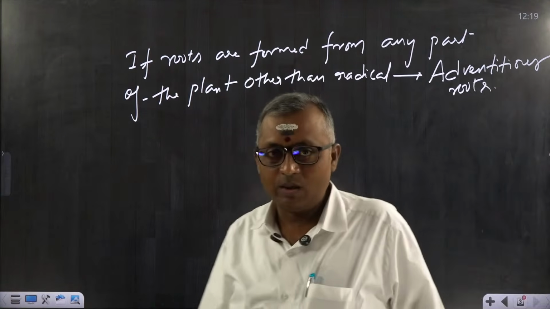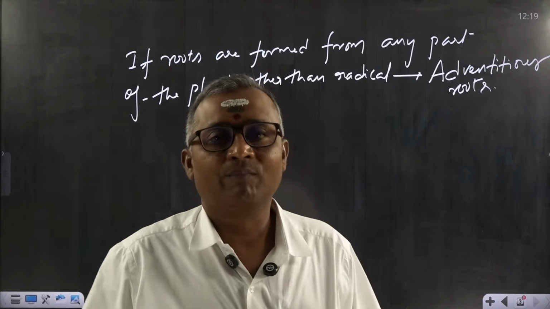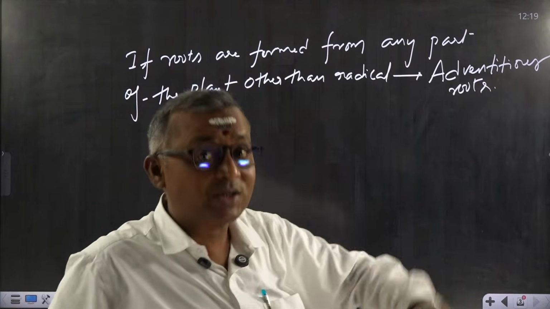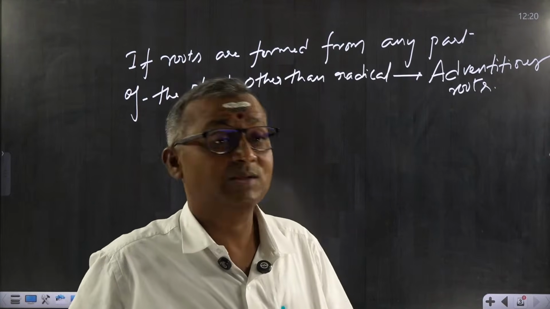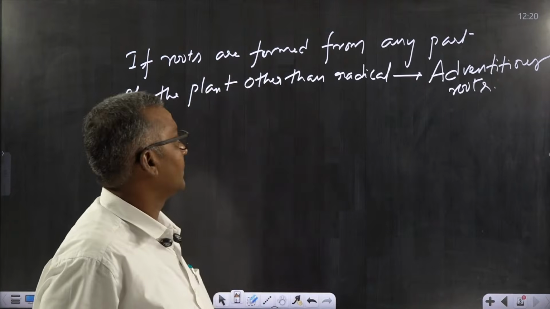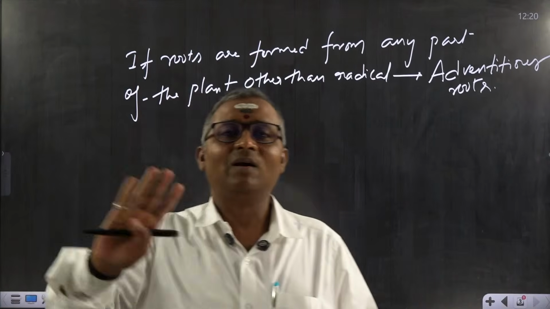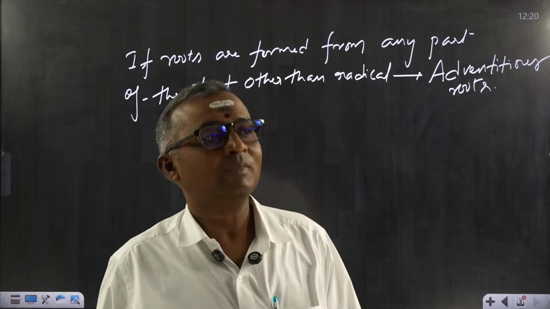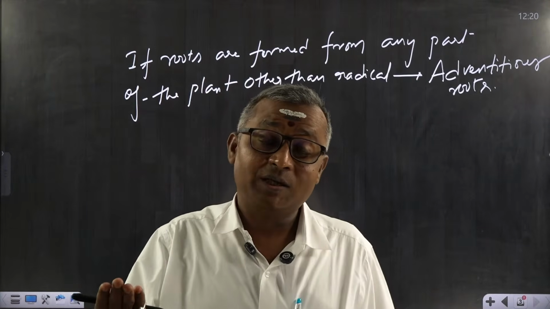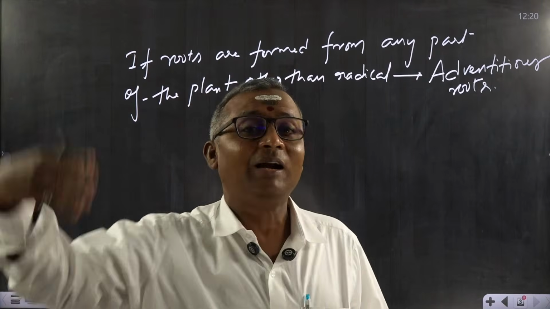Simply put, the term adventitious indicates the site of origin of roots. What does it indicate? The site of origin of roots. If a root originates from the radicle, it is not adventitious; it is said to be a taproot system. If roots originate from any part of the plant other than the radicle, then they are adventitious.